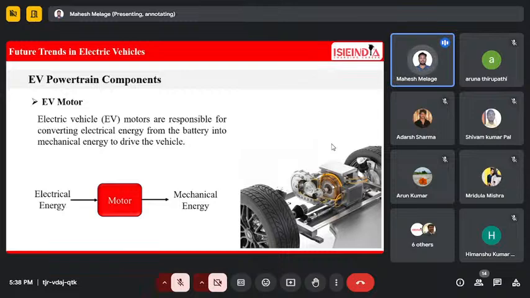And Ola and Ather use the inner runner motor. So in two-wheeler applications, we most probably use the BLDC motor. Why? Because the battery stores DC supply, and it is easy to transfer energy from battery to motor, because both operate on DC supply.